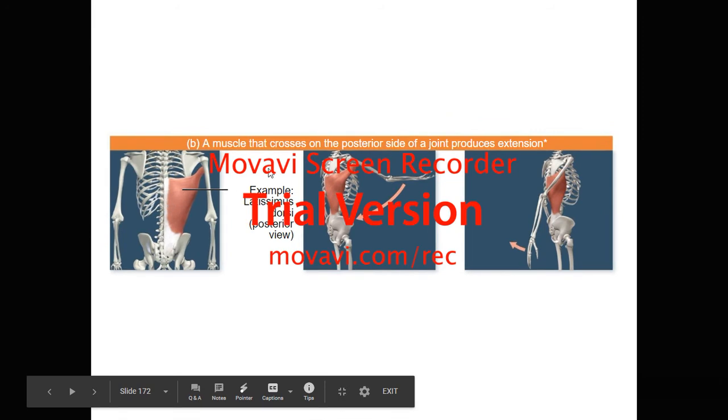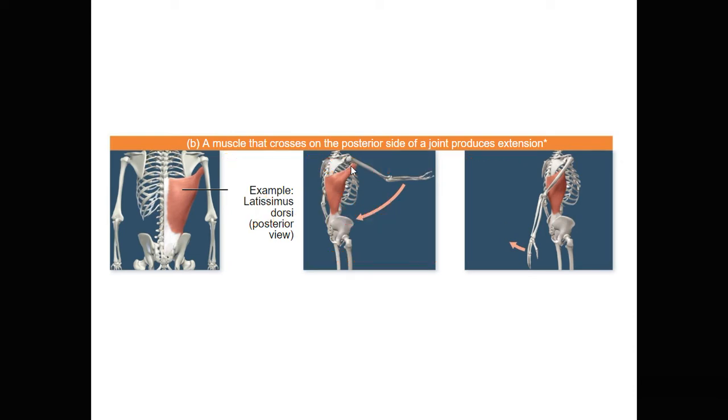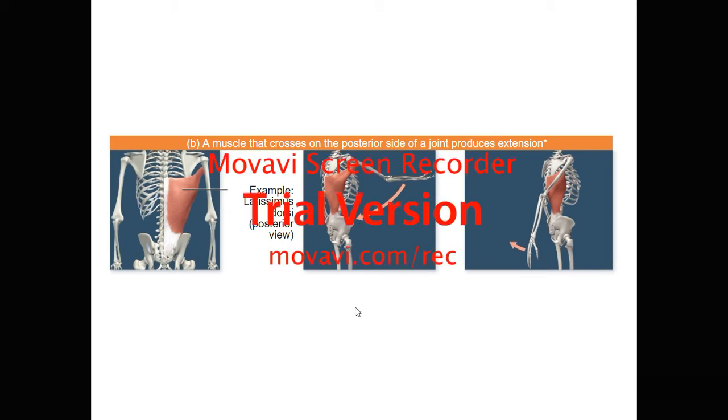A muscle that crosses on the posterior side of a joint produces extension. All right, so this is the posterior side of a joint, and you see the latissimus dorsi is going to produce extension.